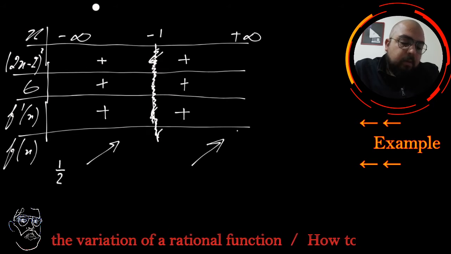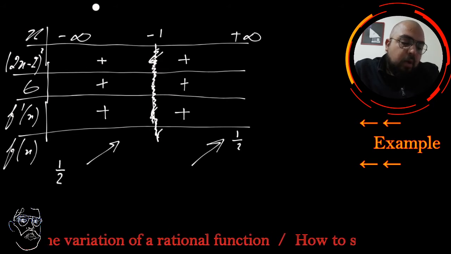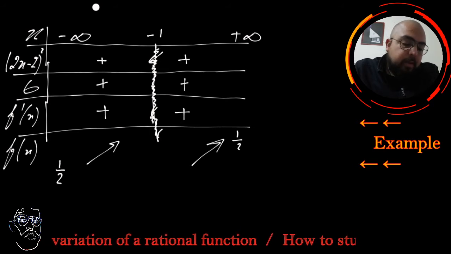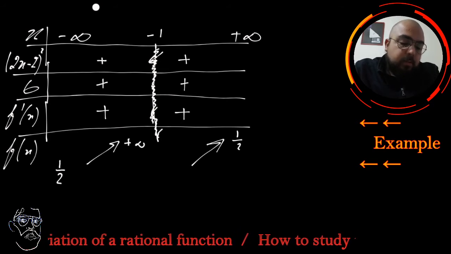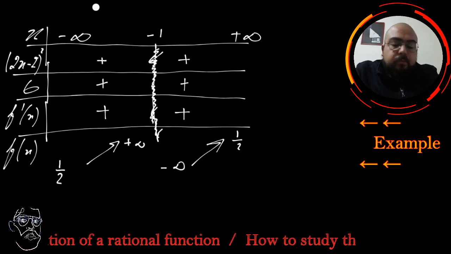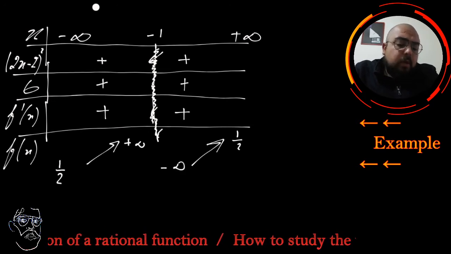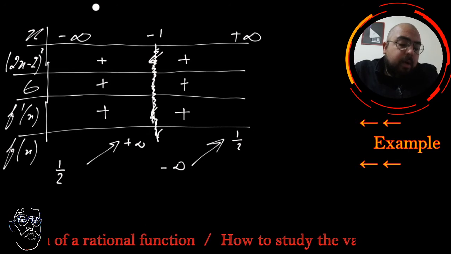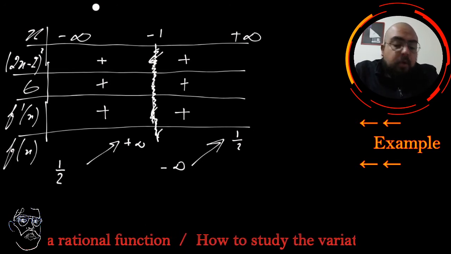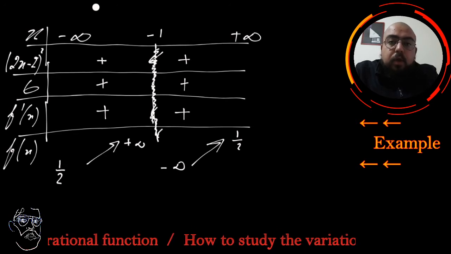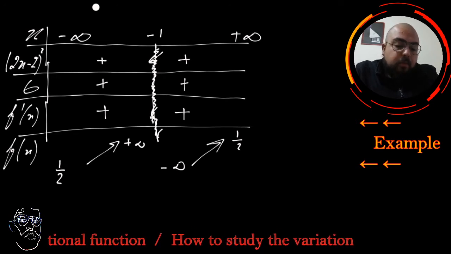For plus infinity, it was 1 over 2. Minus 1 minus, it was plus infinity. And minus 1 plus, it was minus infinity. So right now I do have my table of variation, and I do have the variation of my function.